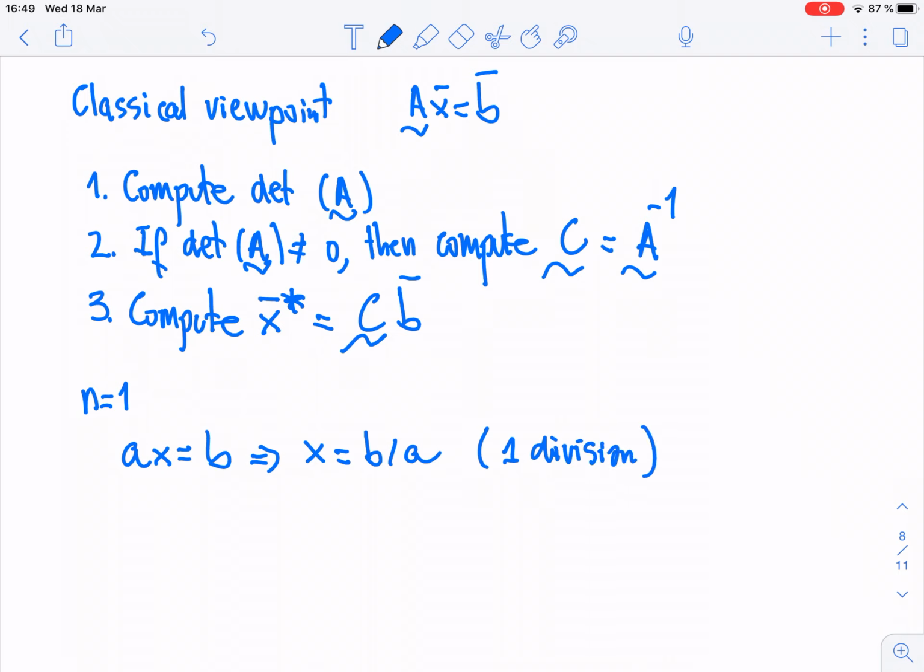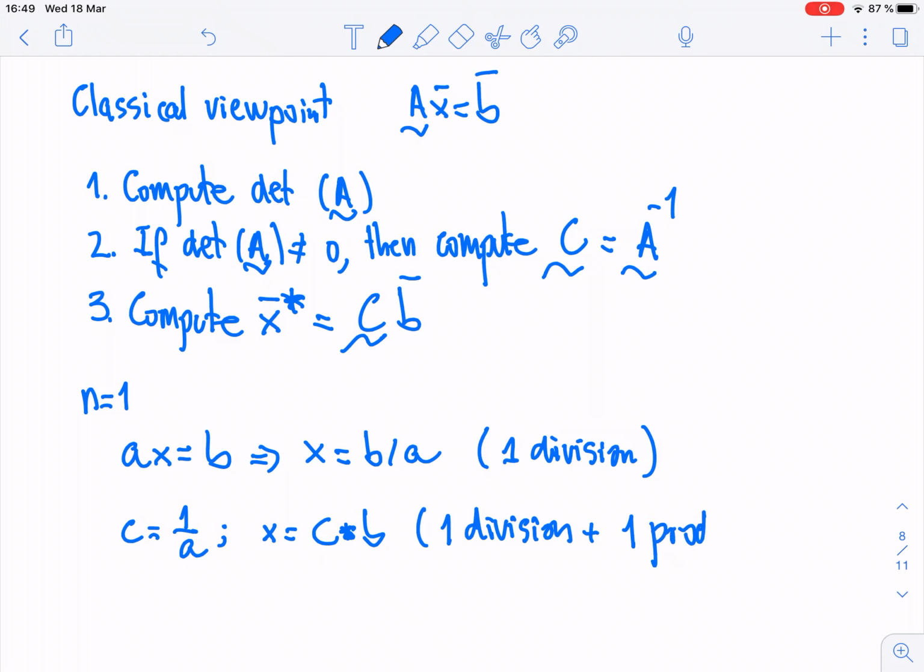We would not compute C as 1 over A and then X as C times B. This would be one division and one product. So this second approach is twice as much the number of operations as this.